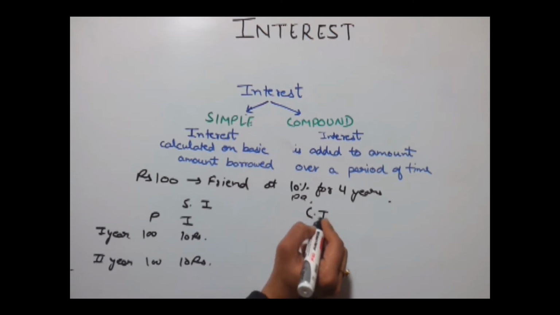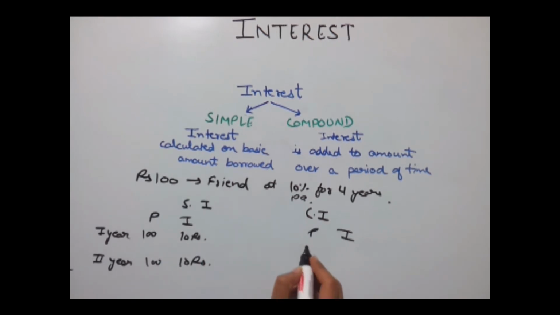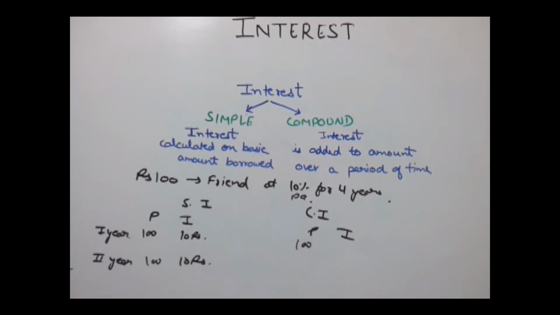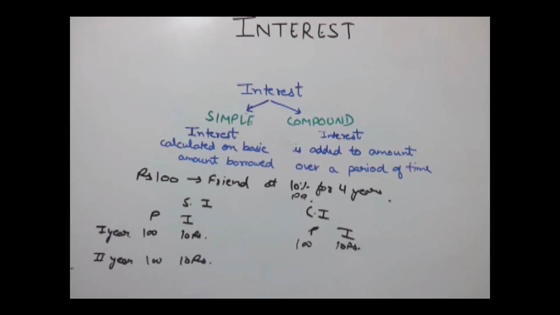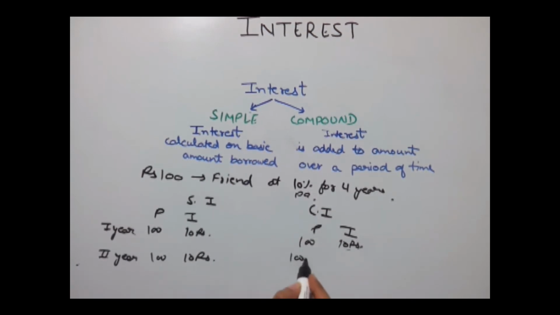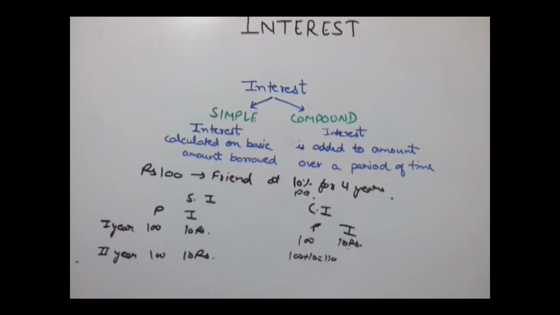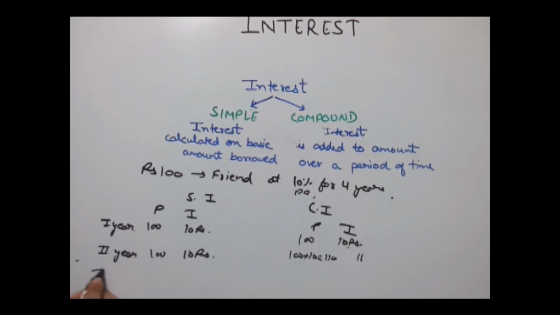Whereas in the case of compound interest, you have principal and interest, and it's the first year. You have borrowed 100 rupees. So in the first year, your principal would be 100 and your interest would be 10 rupees. But in the second year, what will happen? This interest will be added to the principal, that is 100 plus 10, which gives 110. And now interest would be calculated on this 110, which is 11 rupees.